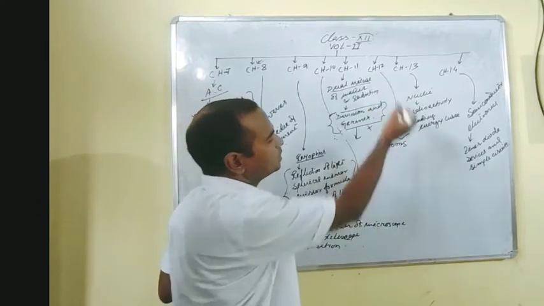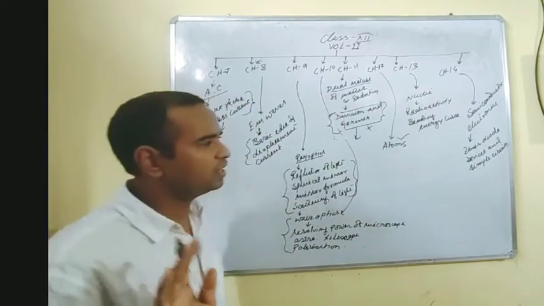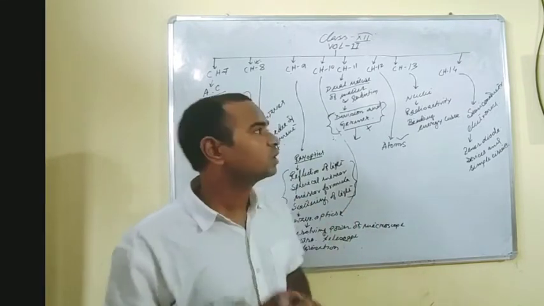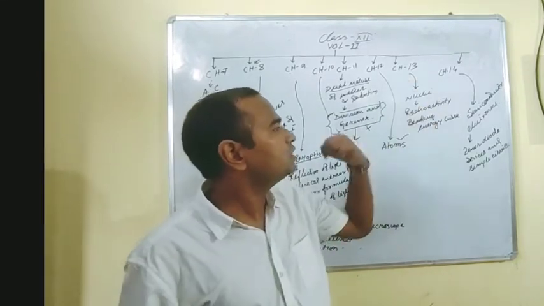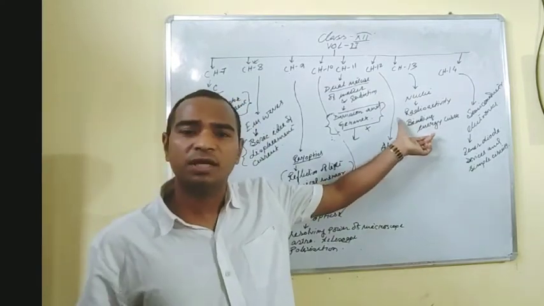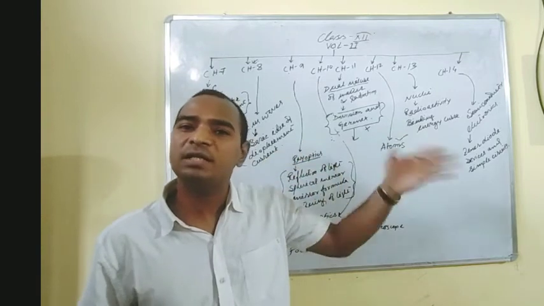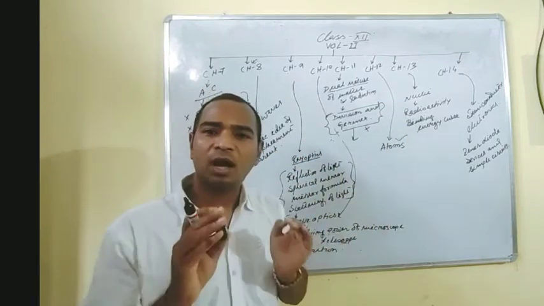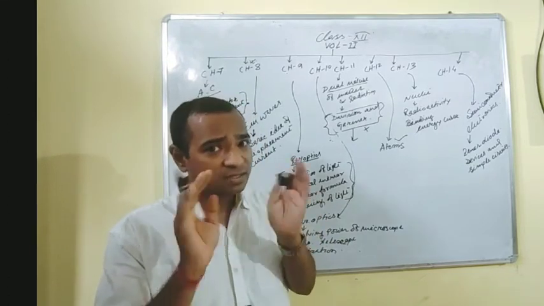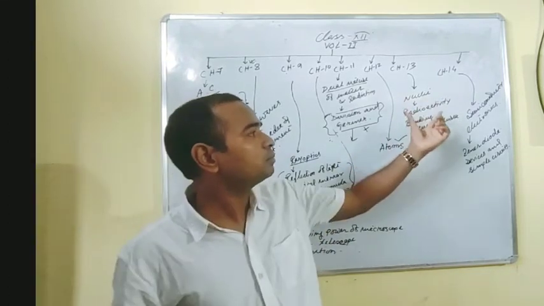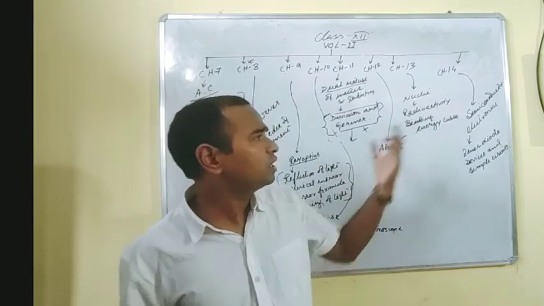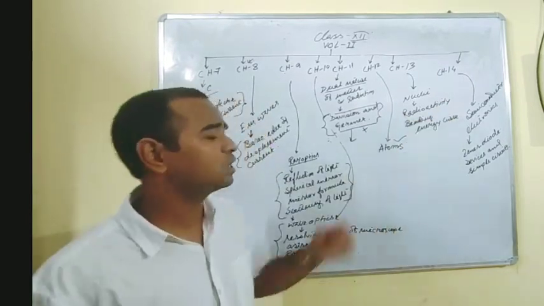Then in chapter 12, they have not touched anything. Atoms, it is as it is. So you have to learn the full concept of atoms. Then in chapter 13, they have reduced a big portion. The radioactivity portion has been completely removed. Here you have to learn the concept of nucleus, the nuclear force, the charge, the size, all these things, but you need not learn anything about radioactivity, half-life, alpha, beta, gamma and their properties.